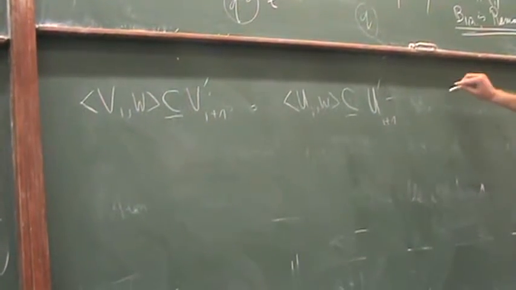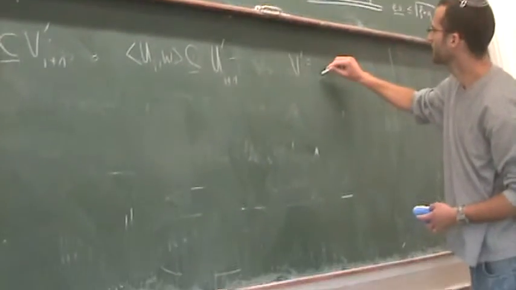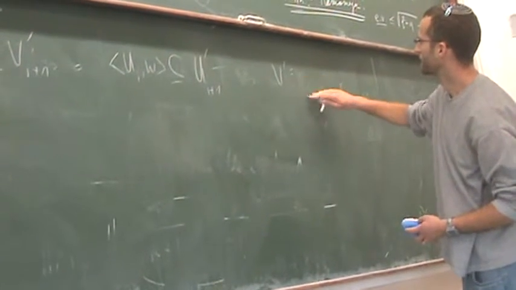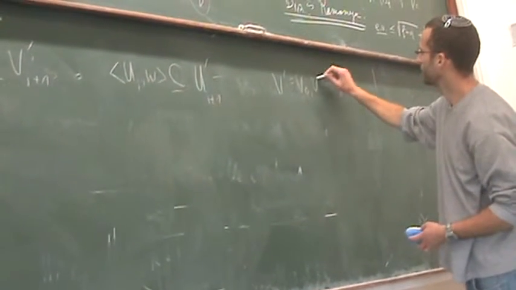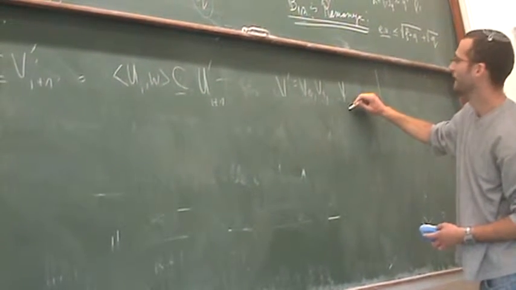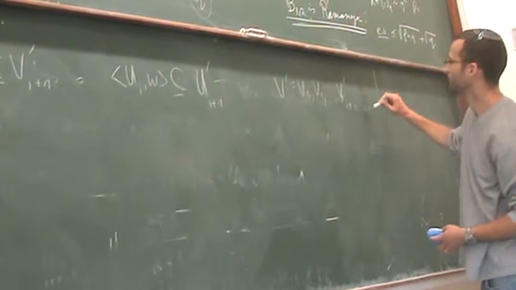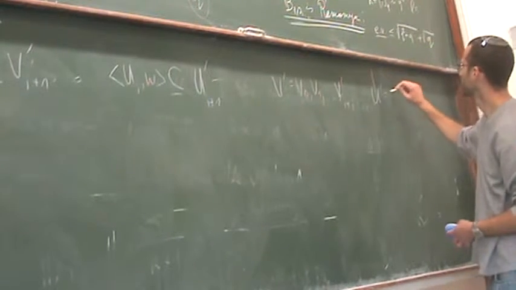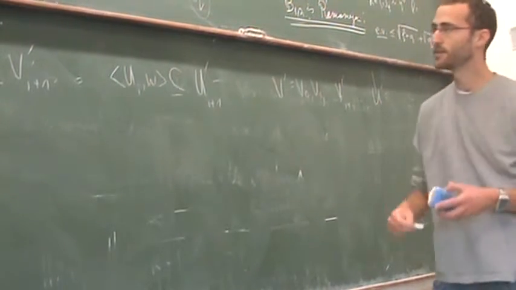And then V prime is just V_0, V_1 up to V_{i+1} prime, the rest of them remain unchanged, and U prime is the same.